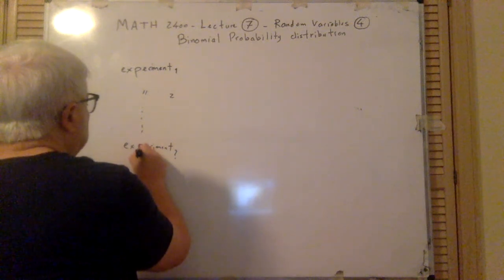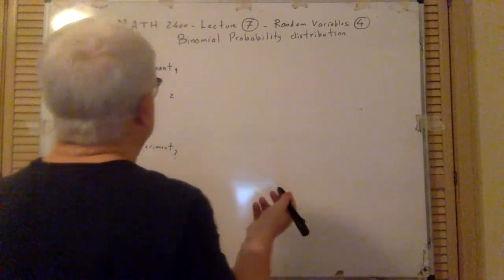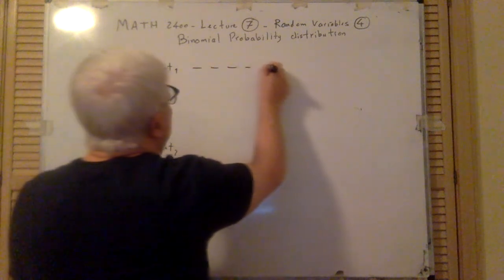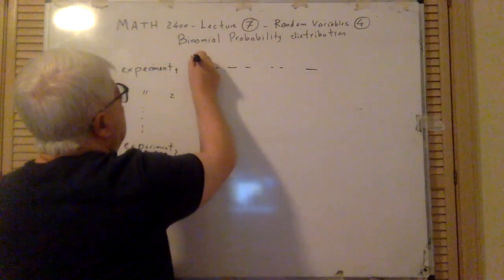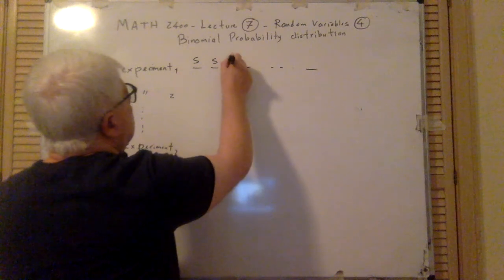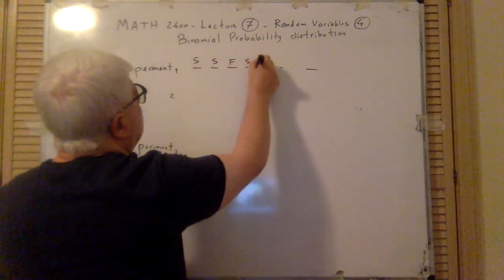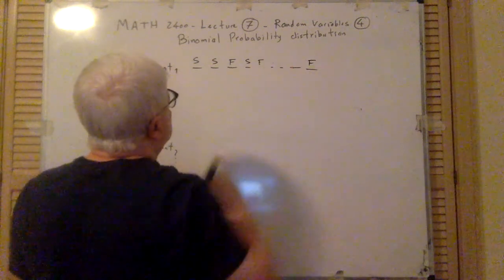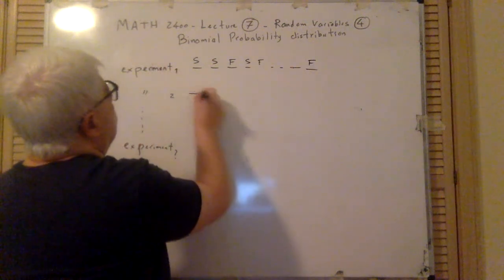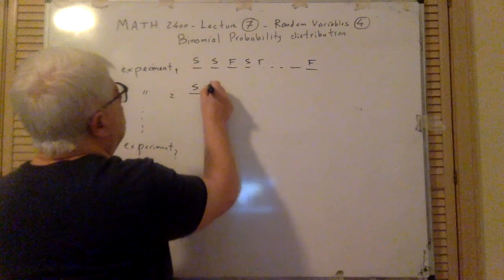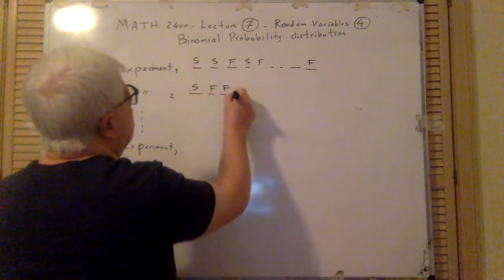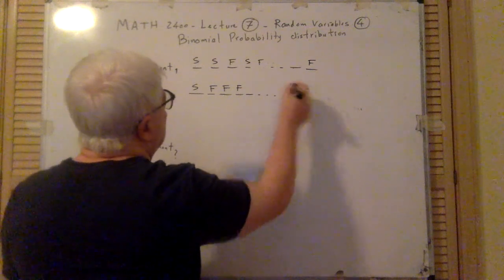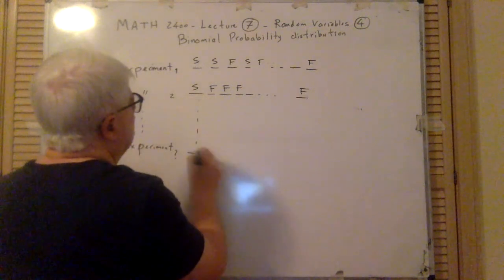Experiment 1 can be like this: I have n trials, which can be success, failure, success, failure, maybe the last one, whatever that is. And the second one might be like this, and so on.